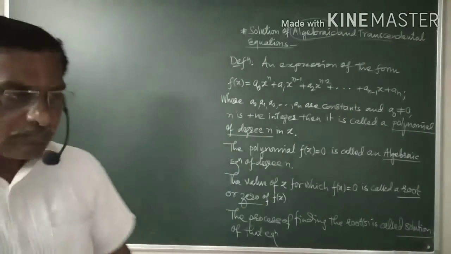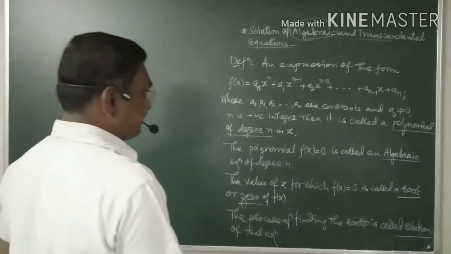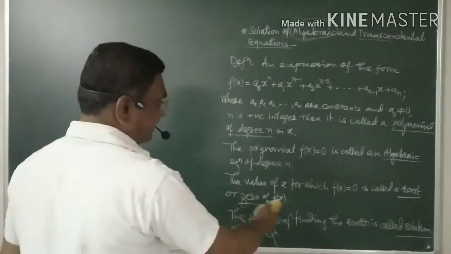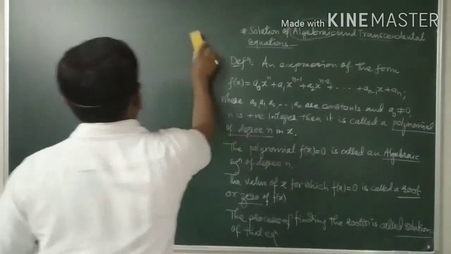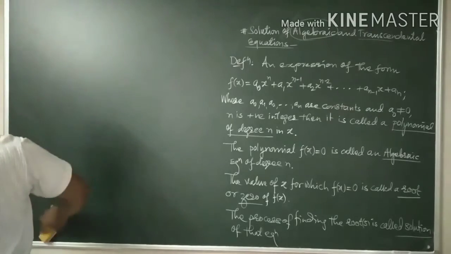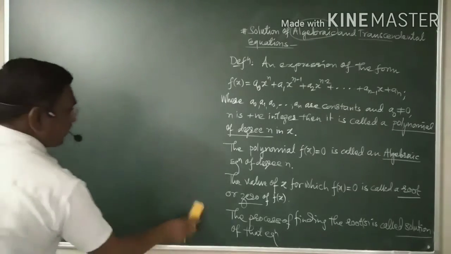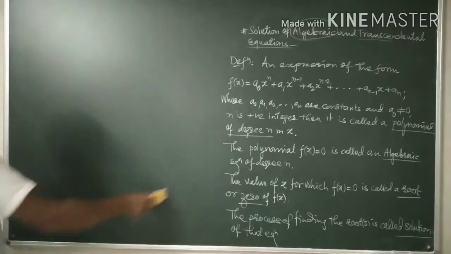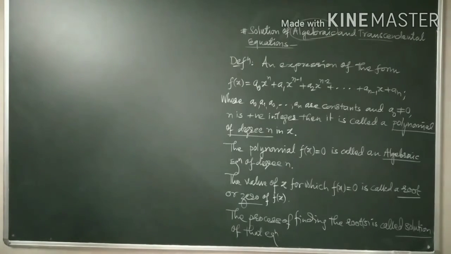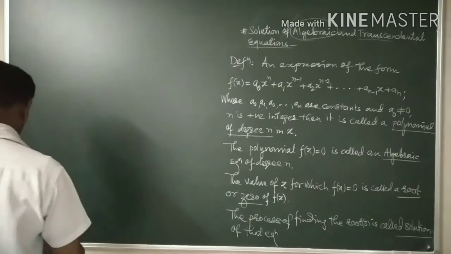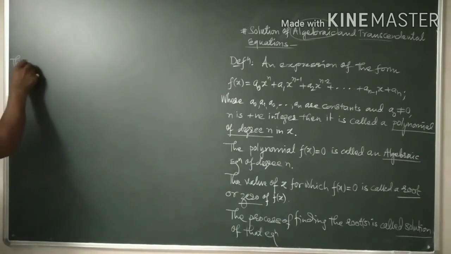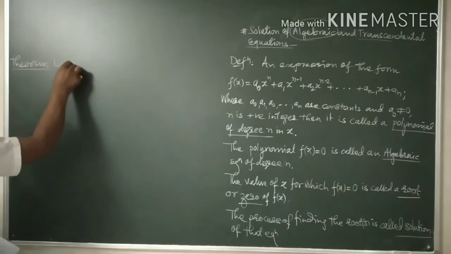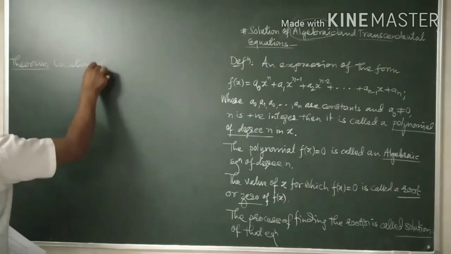Well, now for the purpose of getting the root or zero of the polynomial, we need some prerequisites. One is nothing but the theorem which we call the location of root theorem.